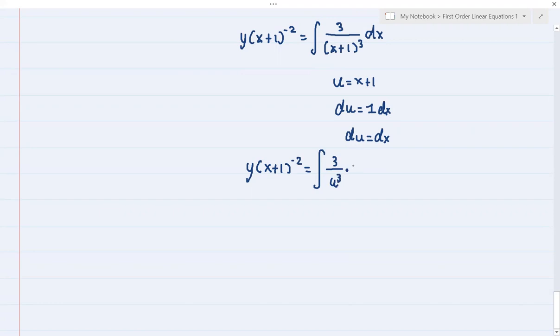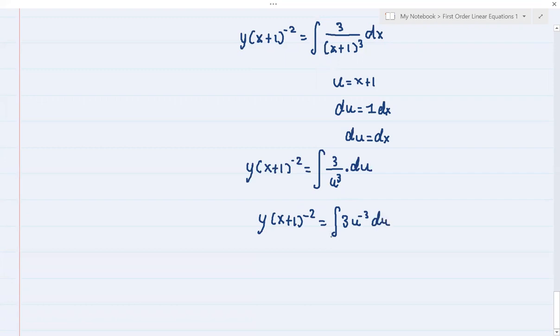Since your dx is equal to du, so we will have du. So let's simplify this one. So here we will have the integral of, let's bring this u cubed upward, so we will have 3u raised to negative 3.